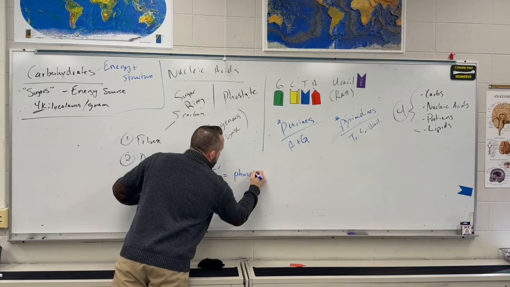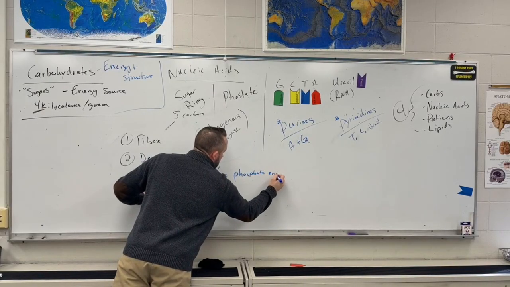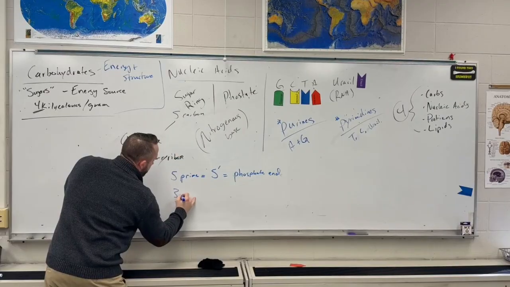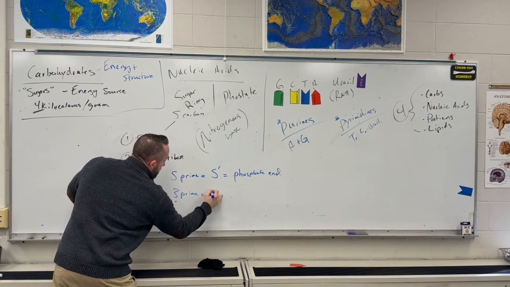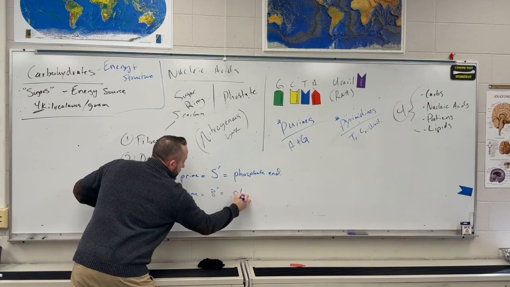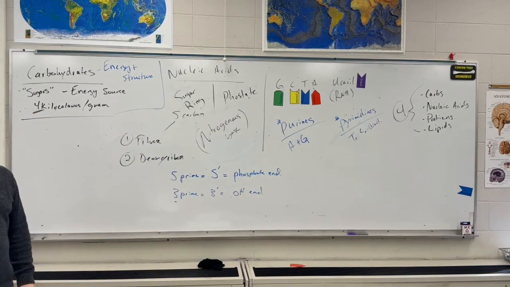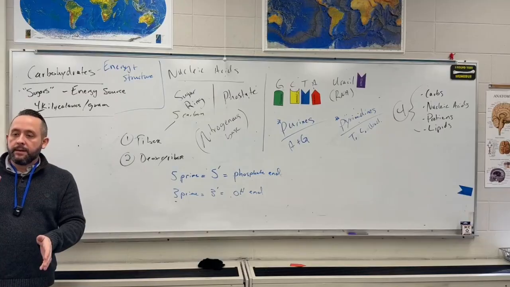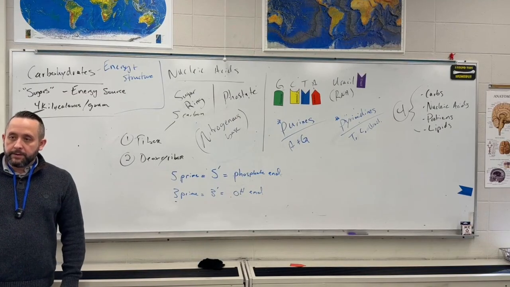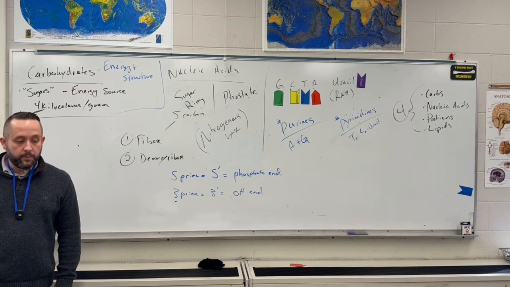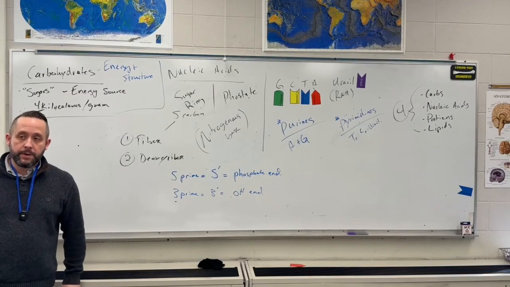That's the phosphate. And 3' is the OH end. And because it has these two ends, we can flip the molecule over and have a direction in one way and a direction the other way, like two lanes on a road.